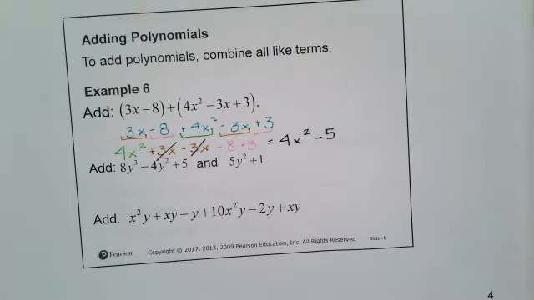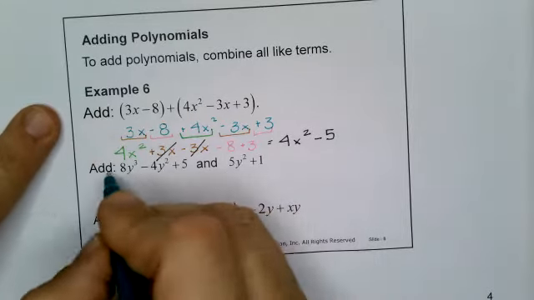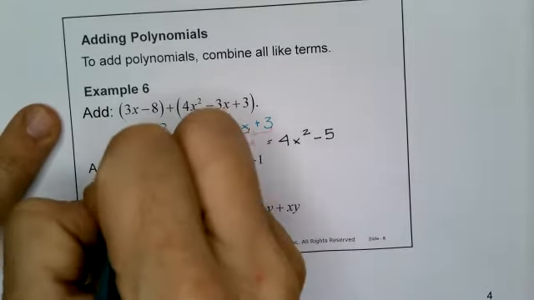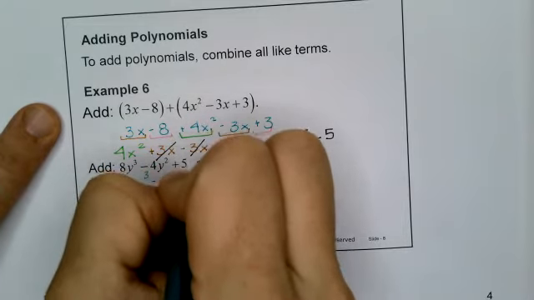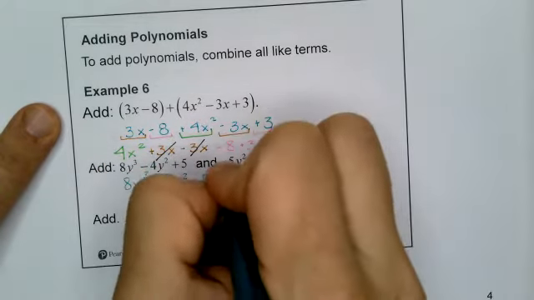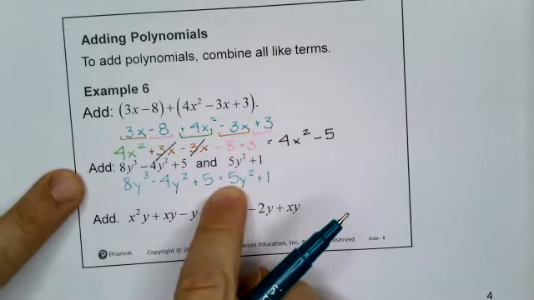Good. All right, same thing here, where we have an "and" between them, but it's addition, so it doesn't matter. So we have 8y to the third minus 4y squared plus 5 plus 5y squared and 1. I know it's a plus because it says add right here.